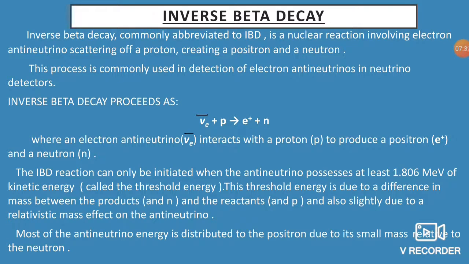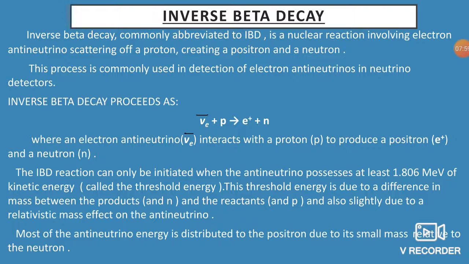In inverse beta decay, the absorption of an antineutrino is equivalent to the emission of a neutrino and vice versa. The absorption of an antineutrino is given by this reaction: antineutrino plus proton gives a positron plus a neutron.